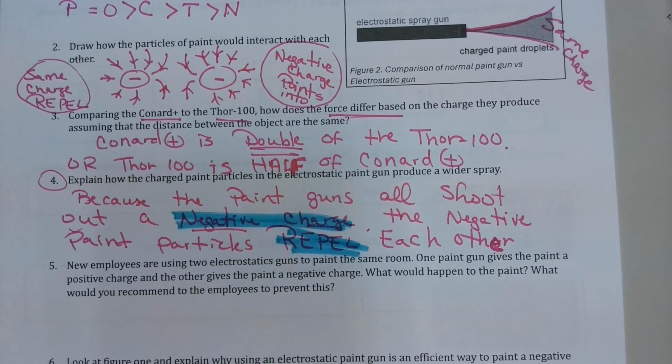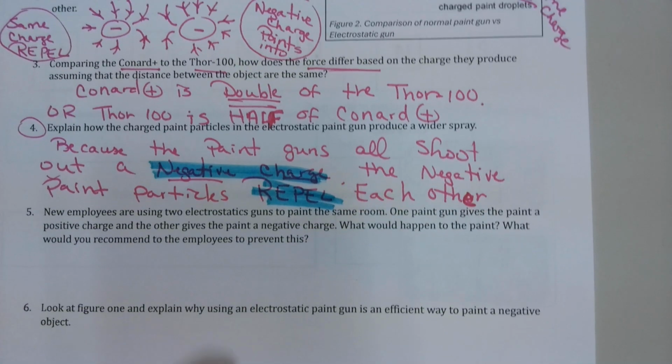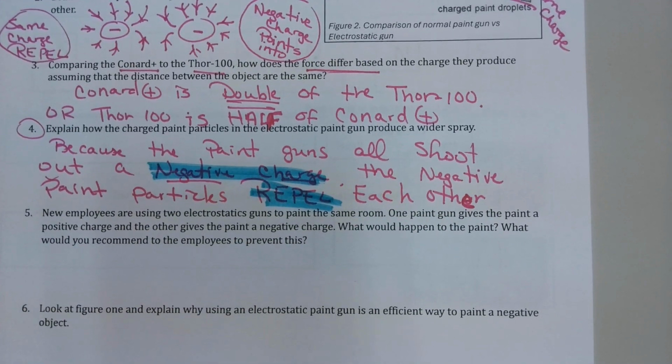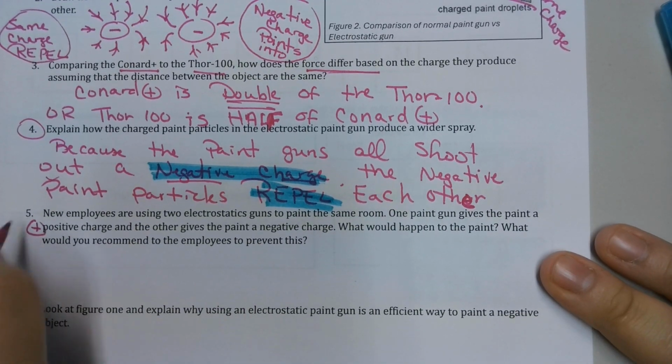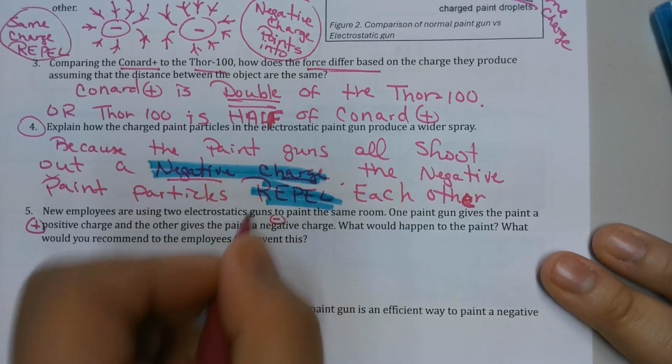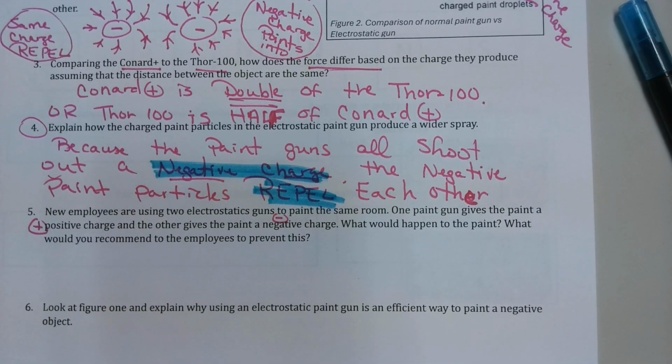So we have two employees. They're using two different electrostatic guns to paint the same room. However, one of them is going to give a positive charge and the other one is going to give a negative charge. What is going to happen to the paint?